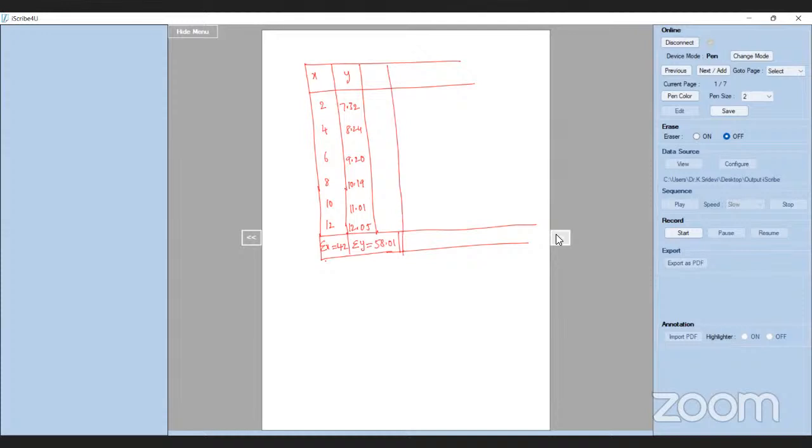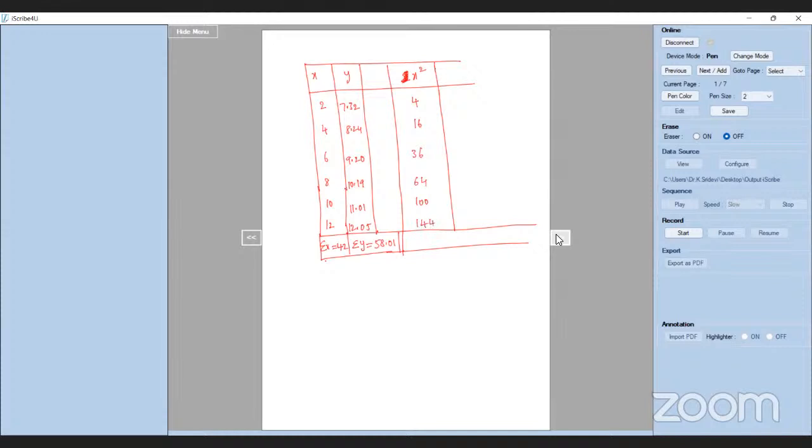Next, summation x square. That means take x square values first: 4, 16, 36, 64, 100, 144.